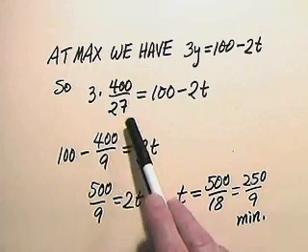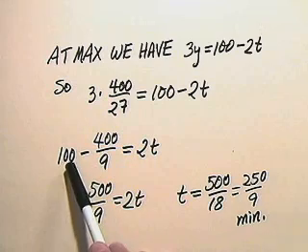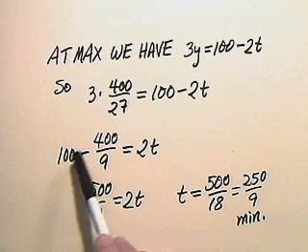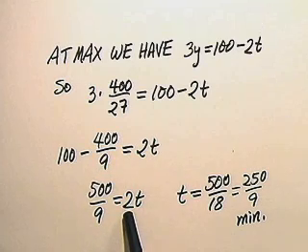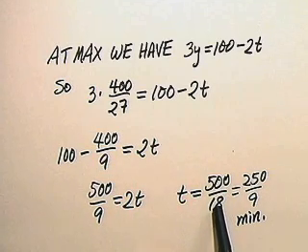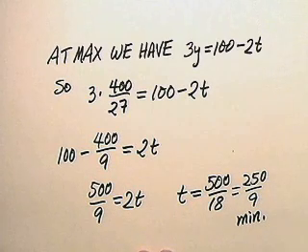In other words, we cancel 3's here. So that means since 100 is 900/9, 900 minus 400 is 500. So we have 500/9 equals 2t, or t is 500 over 18, which is 250 divided by 9 in minutes for the time there.